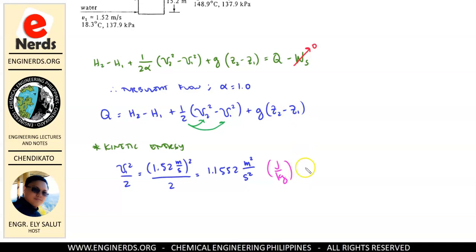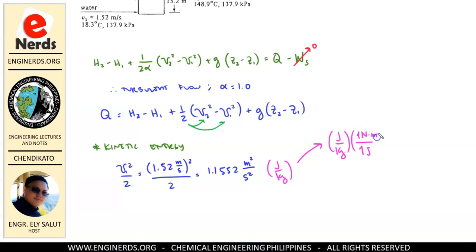Okay, why it becomes joules per kilogram? So, as I said, we only have these units dahil sa derivation na nangyari, no? Because as you can see, if we have joules per kilogram, pakita natin how do we have that. Okay, so 1 joule is equal to 1 Newton meter, no?